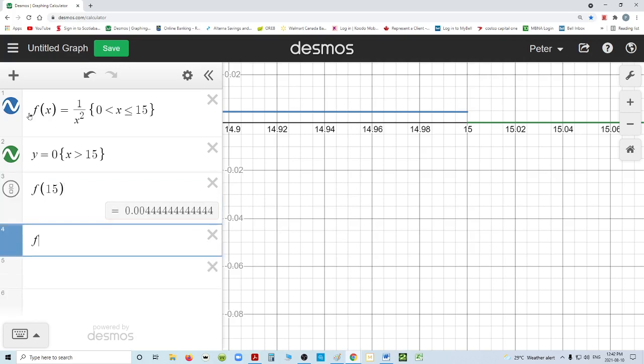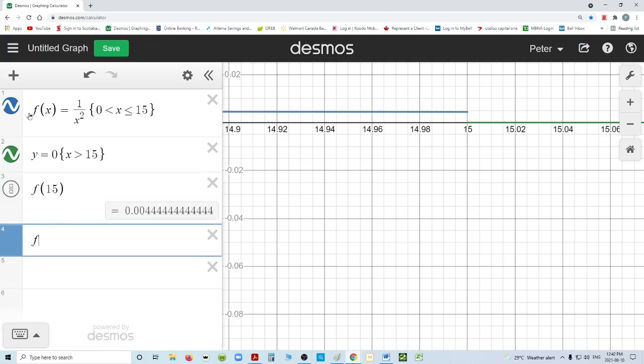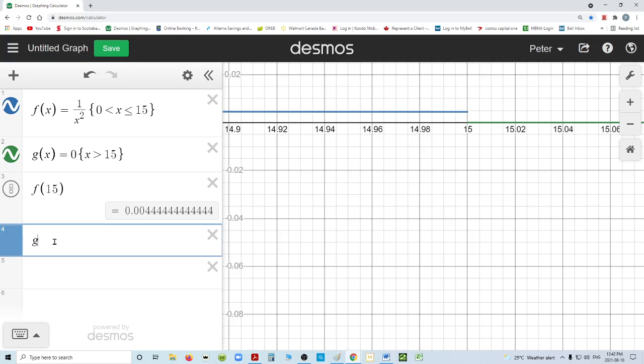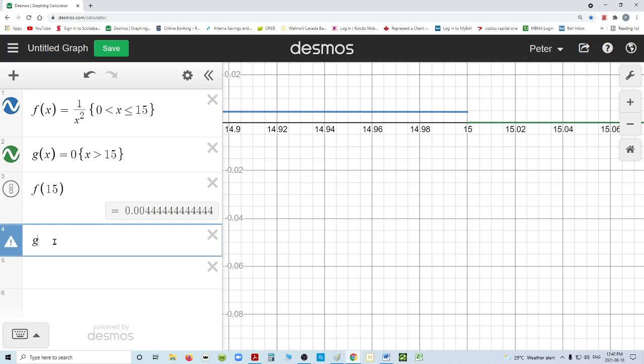And then for the other one, if I do g of x, the reason I can't name them both the same is because it won't know which one to calculate. And I do 15, it's not going to include it, but we know it's going to be 0, right? At 15.1, it's going to be 0. So we know that there's a jump of 0.044. There's no continuity. You can see it when you zoom in.